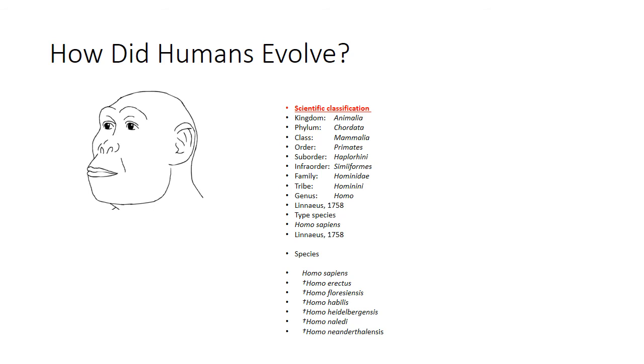Within this infraorder, there is a family Hominidae. Monkeys or monkey-like mammals are monkeys, strict sense monkeys, and apes, which are monkey-like but not quite monkeys. Right? So the big apes are also called Hominidae, and they are considered a special family. Within this family, there is a tribe.